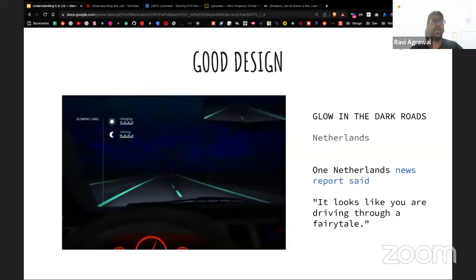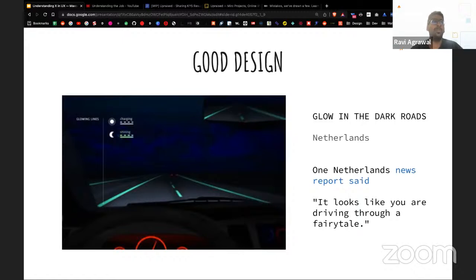In the Netherlands, some people have come up with the concept of glow-in-the-dark roads, right? So you don't need street lights there. It is also envisioned that there would be glow-in-the-dark snowflake markings that appear when the temperature reaches a certain level, so that drivers get to know that, hey, probably snow is on the way, right?